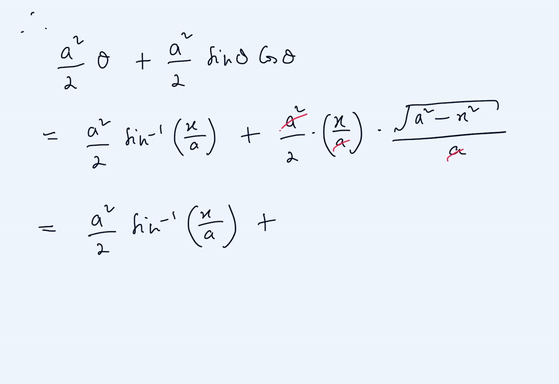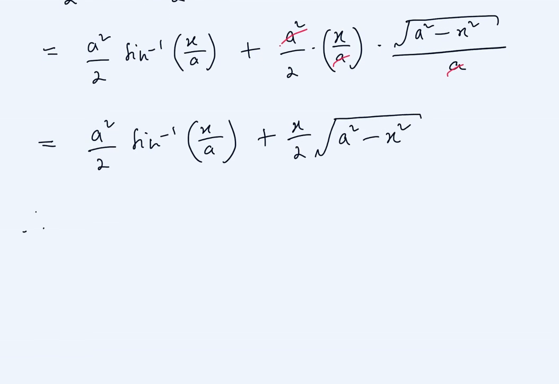So now we get x over 2 multiplied by the square root of a squared minus x squared. So that's basically the answer written in terms of x.